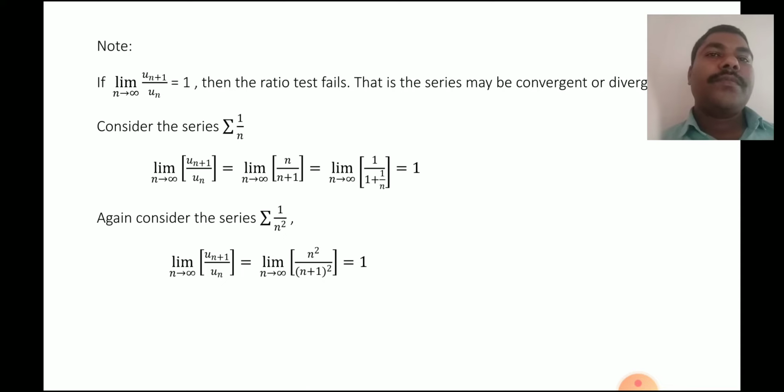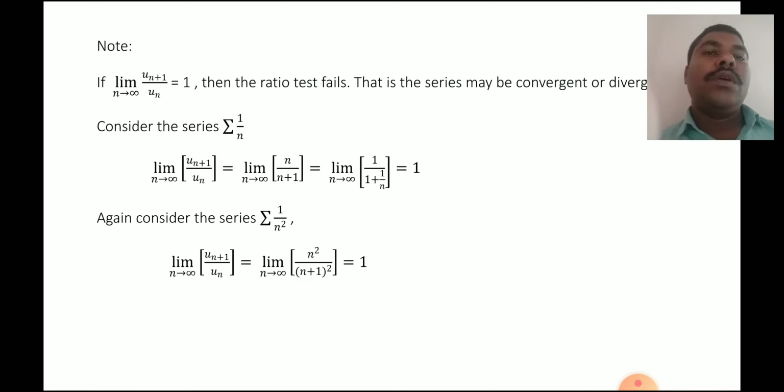Note, if limit of un plus 1 by un as n tends to infinity is equal to 1, then the D'Alembert ratio test fails. That is, the series may be convergent or divergent. For this we consider the example summation 1 by n.